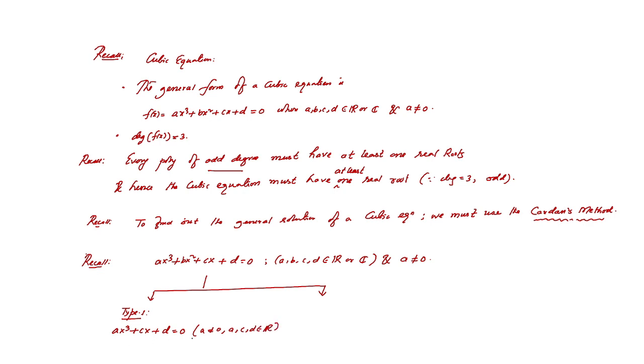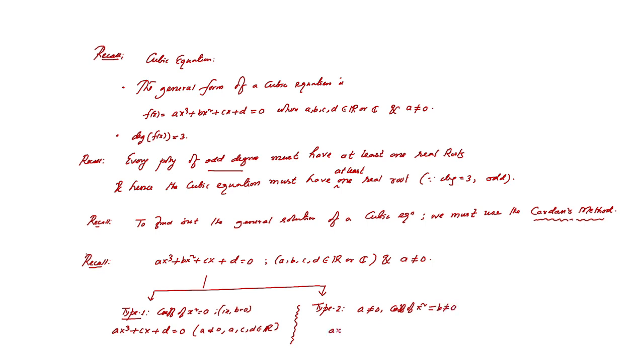In this type, what is the main important point that we need to observe? Here you will see the coefficient of x square is equal to 0. That means b equals to 0. That makes type 1. And the other important type is type 2, where a is non-zero and the coefficient of x square, b, is also non-zero.